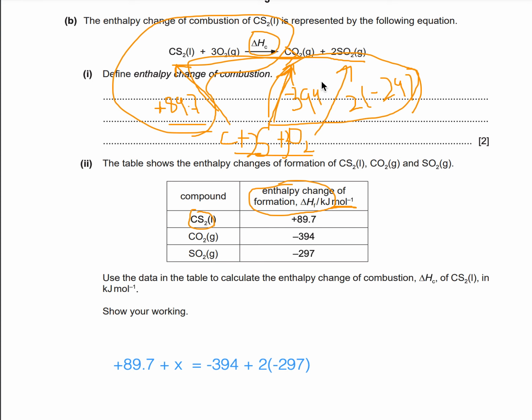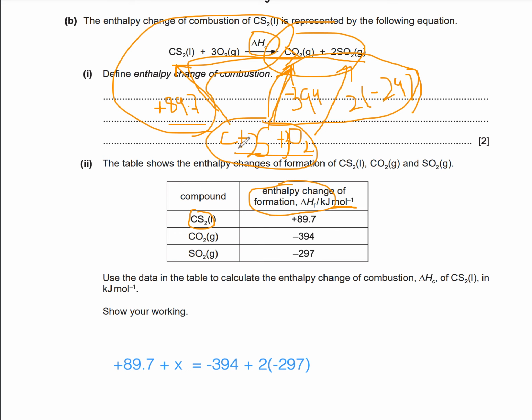Now why do we do that? Because this path is equal to this path, right? The starting point of both reactions are the same, and the ending point is also the same.